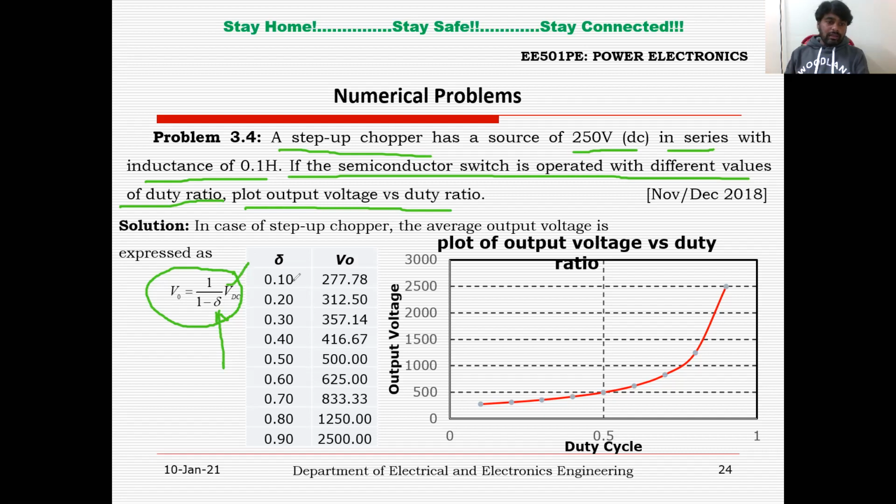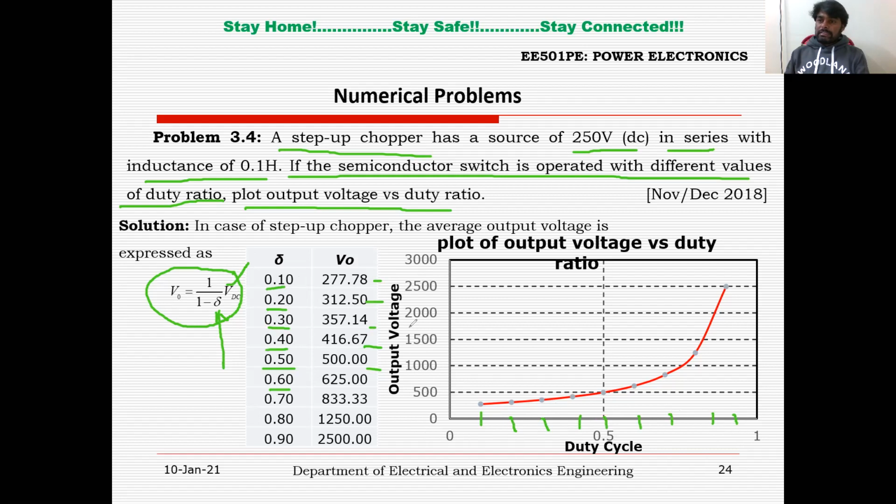Now at different values of duty cycle, input voltage is 250 volts. So now you can calculate at the 0.1 duty ratio, you will get this much output voltage. At 0.2 duty ratio, you will get this much. At 0.3, this much. 0.4, this much. 0.5, this much. 0.6, like this. So you can find in the x-axis, it is at 0.1, 0.2, 0.3, 0.4, 0.5, 0.6, 0.7, 0.8, and 0.9. So you can plot like this.